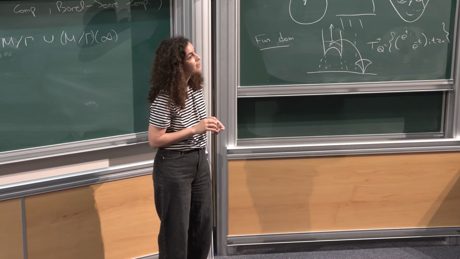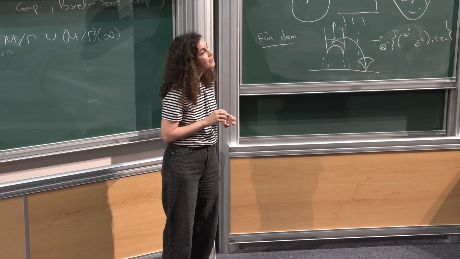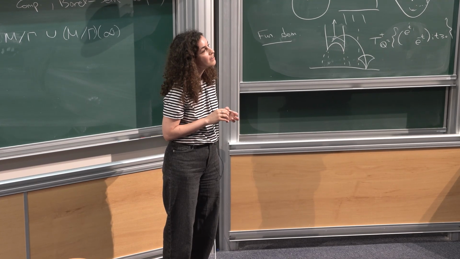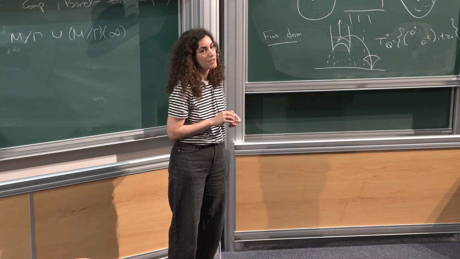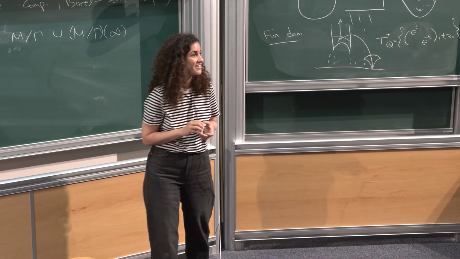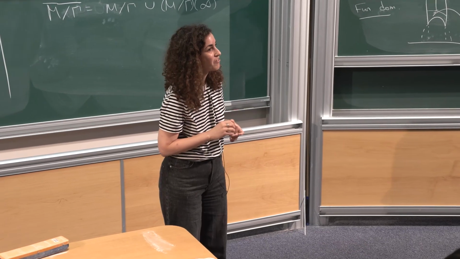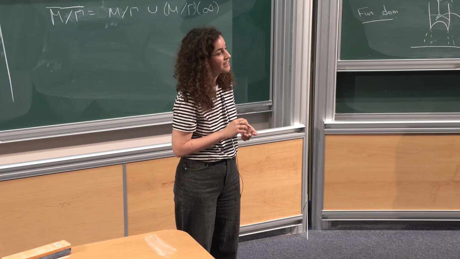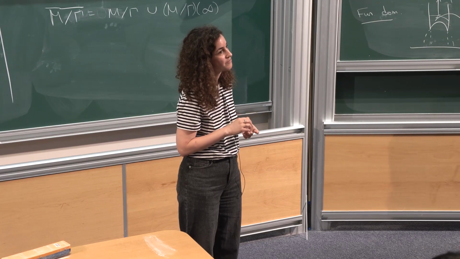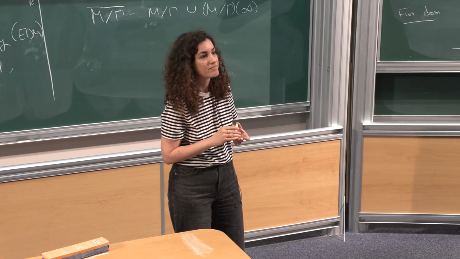Is there any relation between M infinity mod gamma and M mod gamma infinity? So you have a G action on the boundary. Gamma could be co-compact, and then that's a single point.